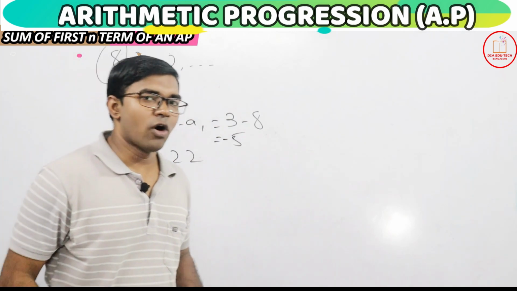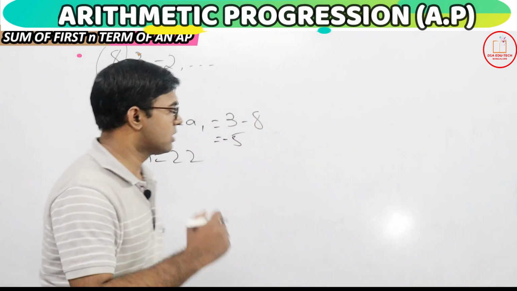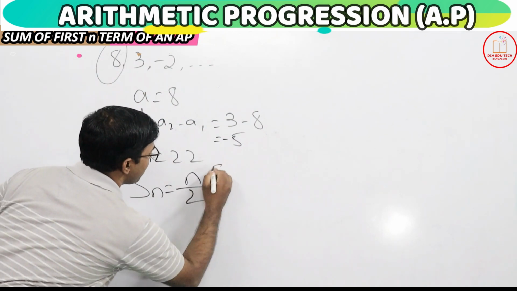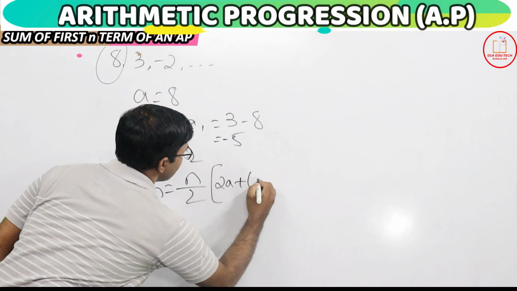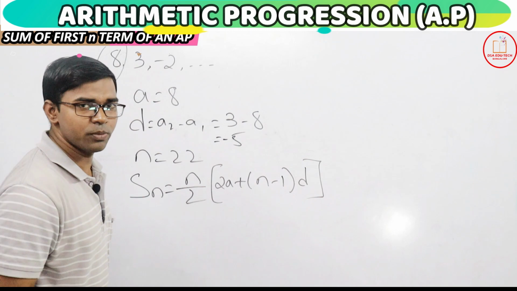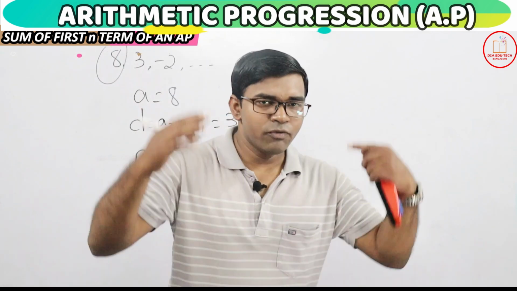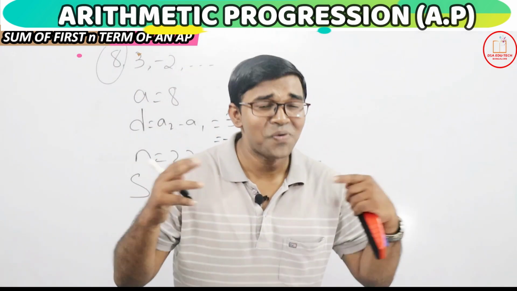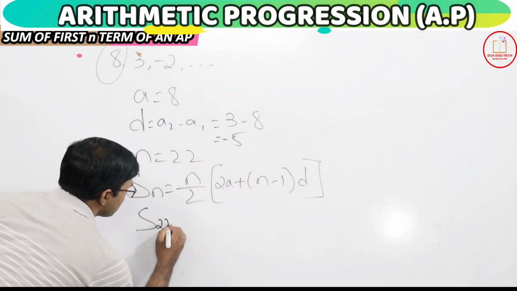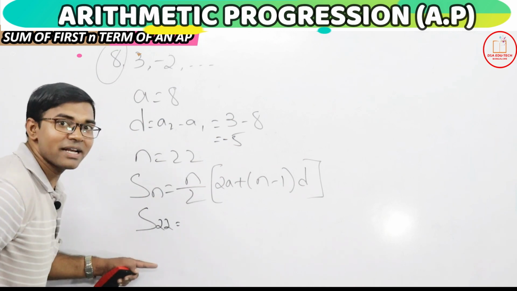Now let me write the formula to find the answer. The formula is Sn equals n by 2 times (2a plus (n minus 1) into d). Now we just have to substitute the values. So Sn, that is S22, equals, why am I writing 22?